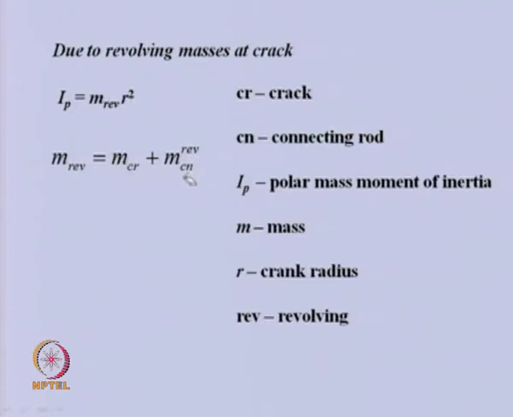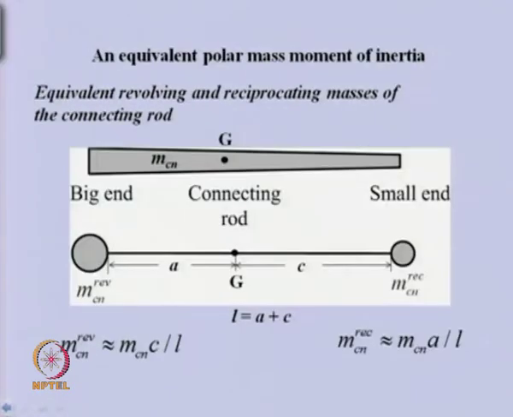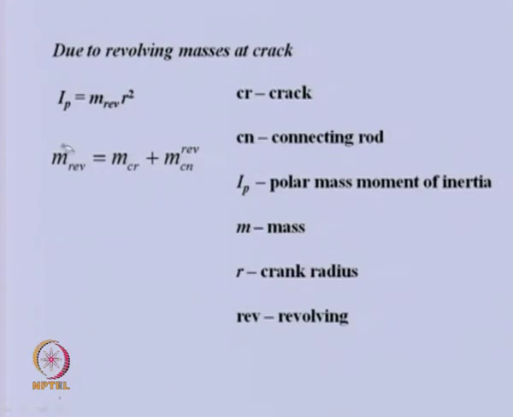In the previous slide we obtained the equivalent mass of the connecting rod which is revolving, because this end is connected with the crank and the other is connected with the piston. So, this is the total revolving mass at the crank radius, coming from two parts: the crank itself and the connecting rod.